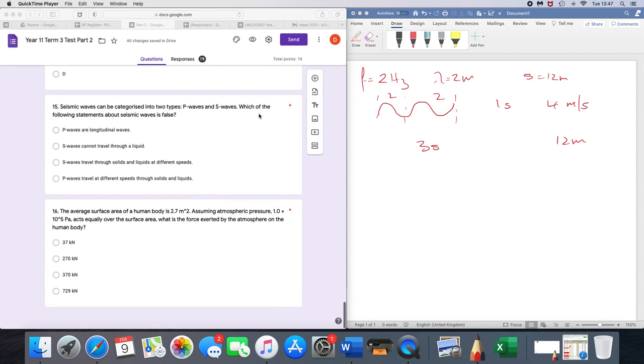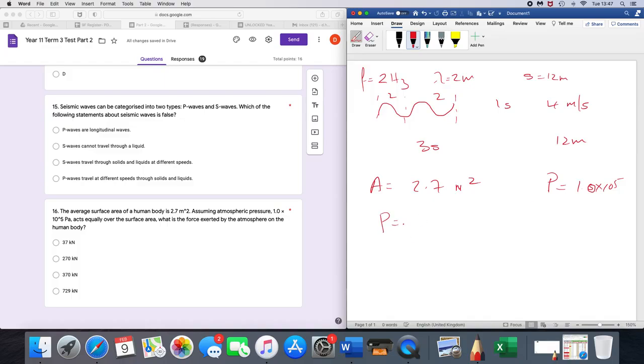16. The average surface area of the human body is 2.7 meters squared. Atmospheric pressure is 1 times 10 to the 5 newtons per meter squared, or pascals. What is the force exerted?